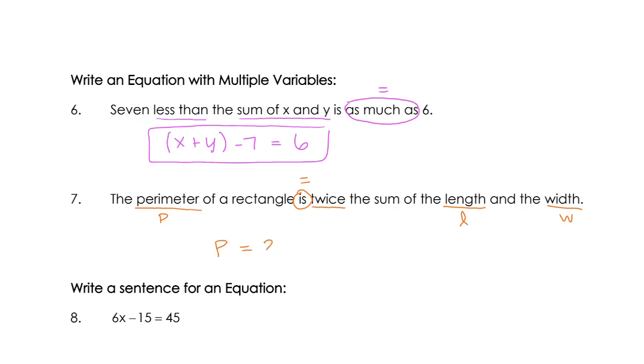"Twice" means 2 times something. It's twice the sum of, so I know that I have parentheses here, and then sum means addition, so twice the sum of the length and the width. There we go. So that would be our final answer on this one.